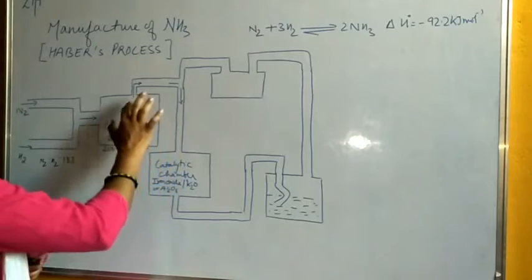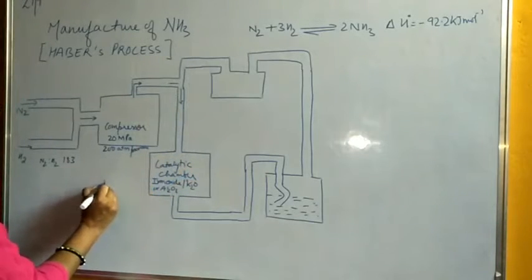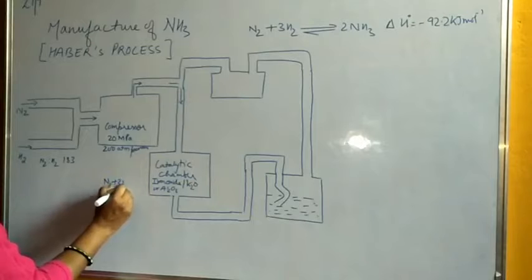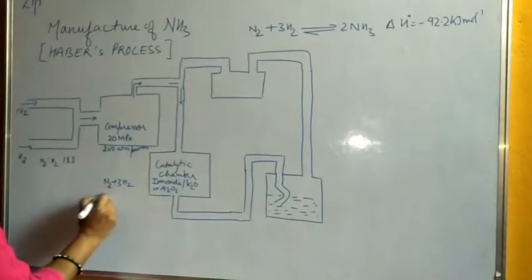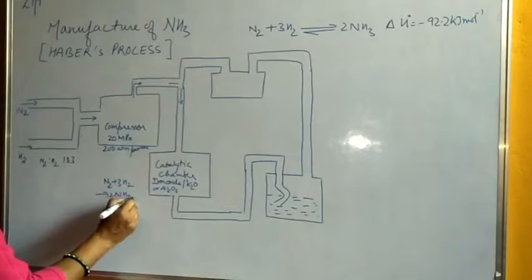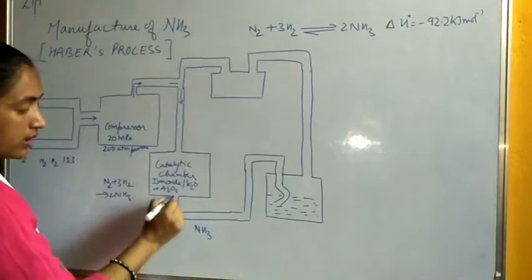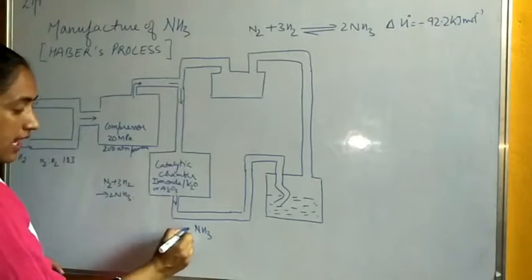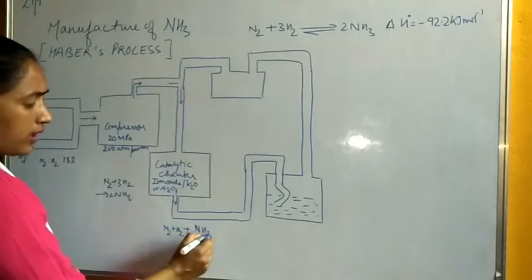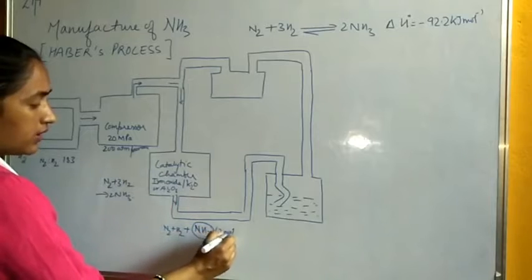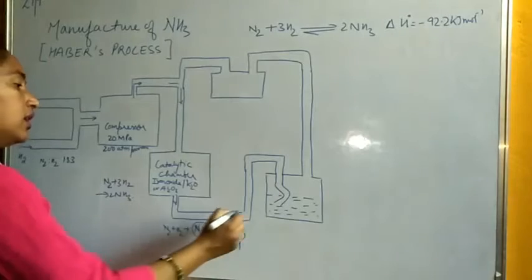Now here what happens, the nitrogen and hydrogen gas entering the catalytic chamber will undergo the reaction, right student, and will form ammonia, right? The ammonia gas which has been formed here will then exit along with the unreacted nitrogen and hydrogen. Nearly 20% of ammonia is being formed here.